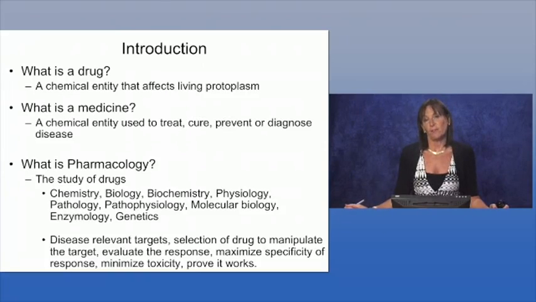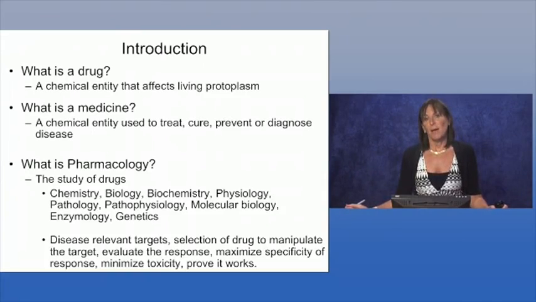What is it that we have to know about the target or the drug to be able to understand the interaction between the two? How do we measure the response the body has after receiving a drug? How do we measure the magnitude of that drug, which we refer to as efficacy? How do we measure the toxicity of the drug in the body's response to receiving that medication?